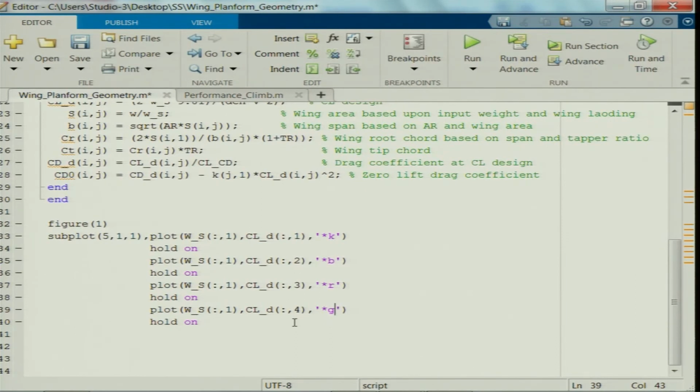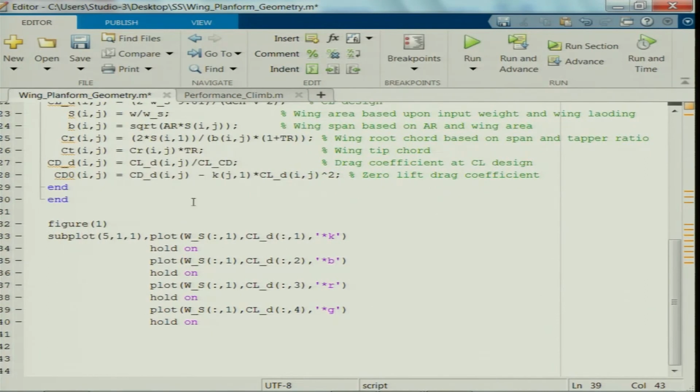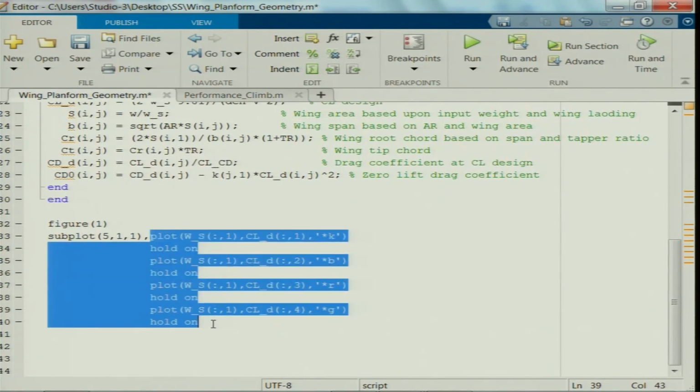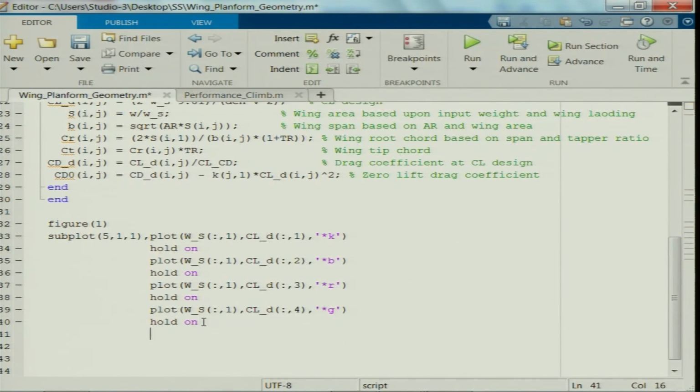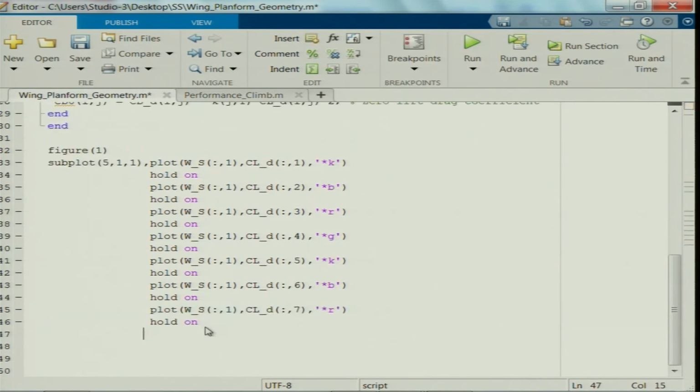So 1, 2, 3, 4 are done. 7 in total, right? From 4 to 10, it is 7. So this is like 5, 6, 7. Done with the first plot. So magenta and then black, blue, red, green, magenta, yellow. So there is no need to hold it on further, this particular subplot.